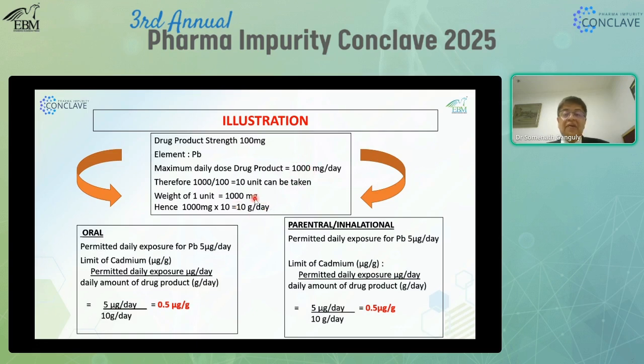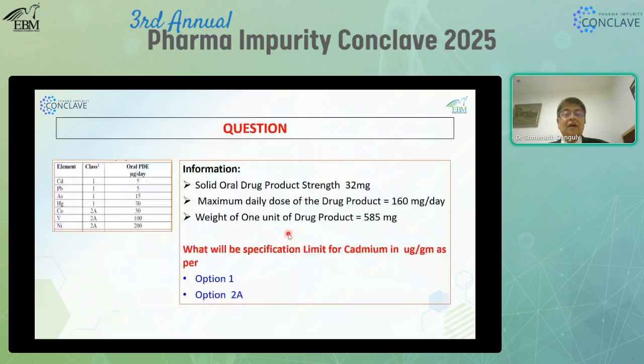But it is hypothetical. Suppose this is an oral product, your limit will be 5 divided by 10, 0.5. And if it is parenteral, in this case, it is the same. But in many cases, oral and parenteral keep on changing if it is less than 10 gram or more than 10 gram. This is one simple example.